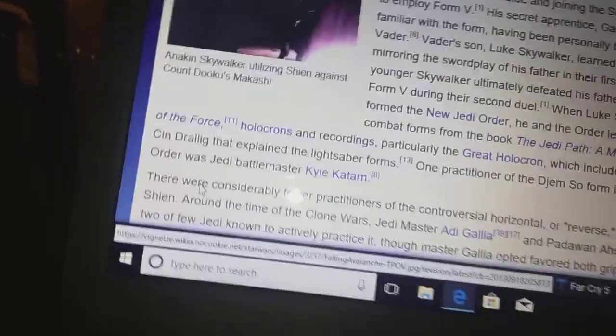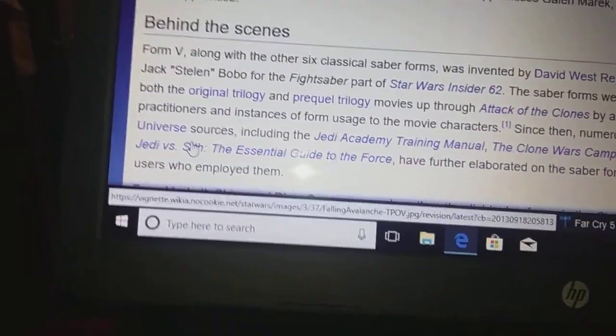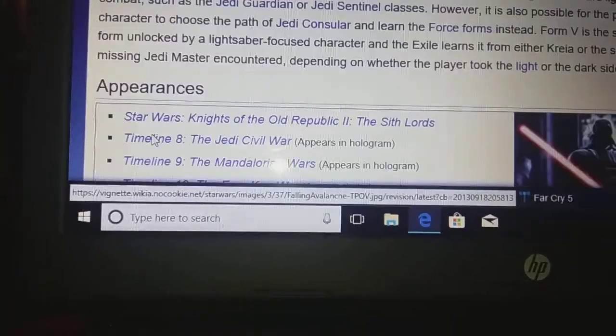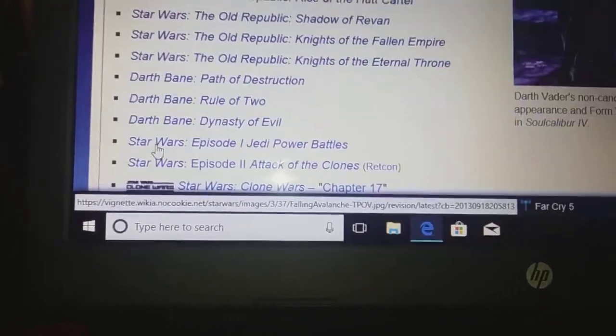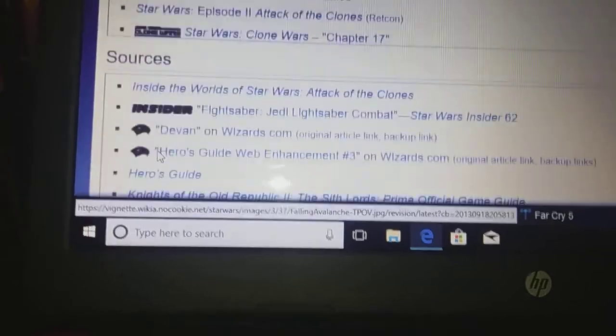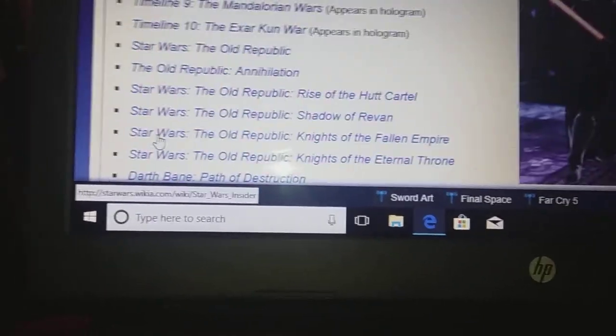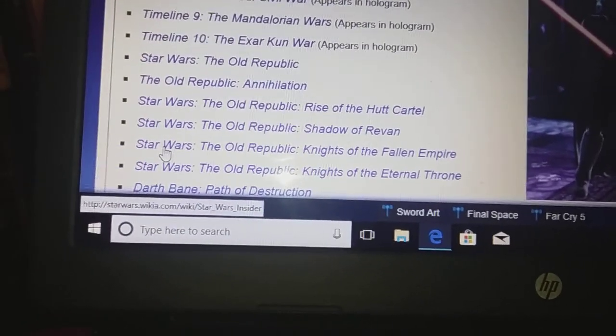Oh, also here we can see him using Shien. So, yeah, also, after Darth Vader got his limbs chopped off, he uses this some.